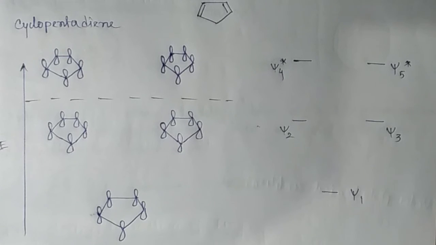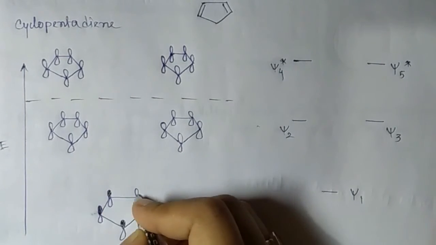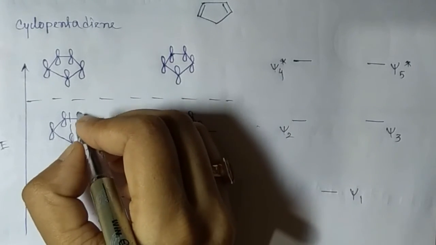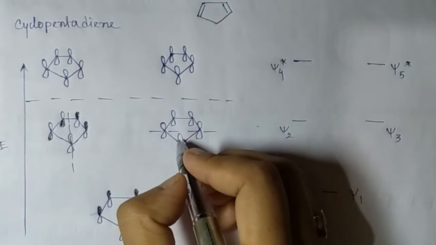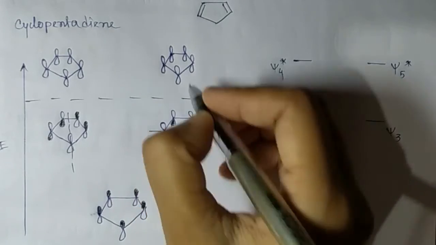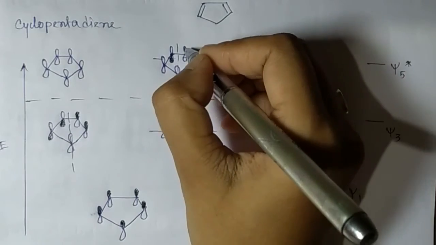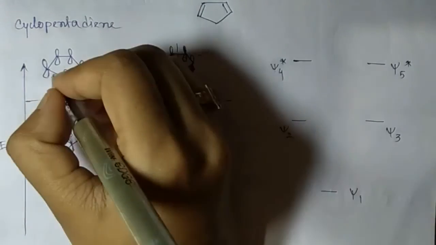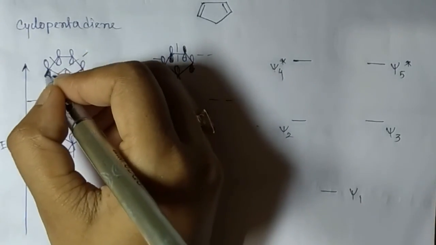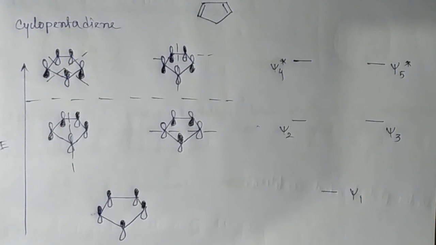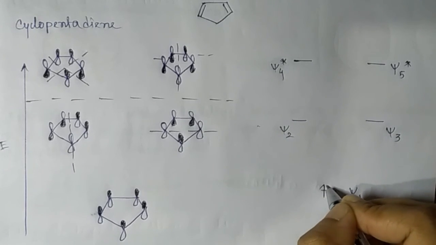We can simply draw it in this way. Okay guys, I hope you understand. And cyclopentadiene has 2 pi bonds, that is why it has 4 pi electrons, and we can simply draw this out.